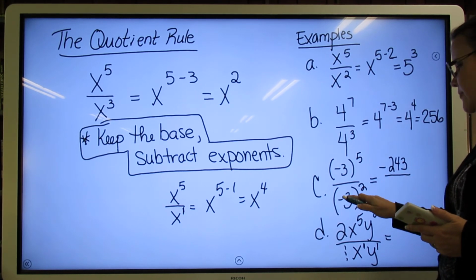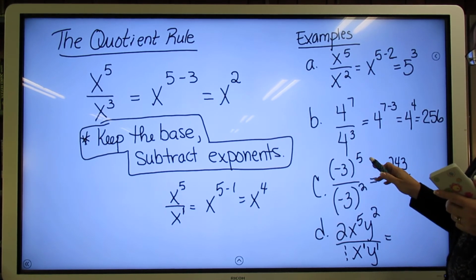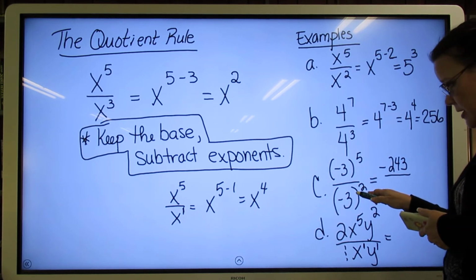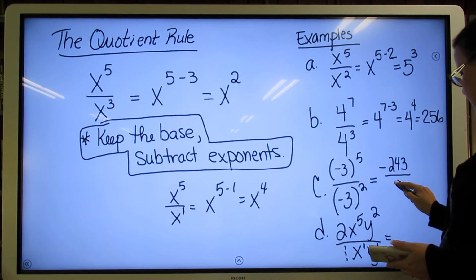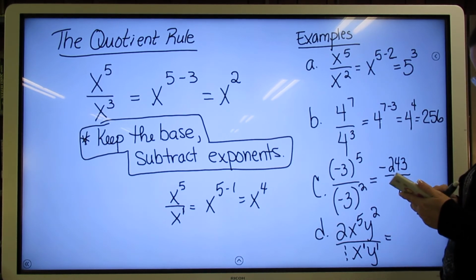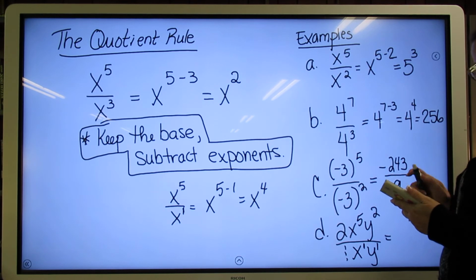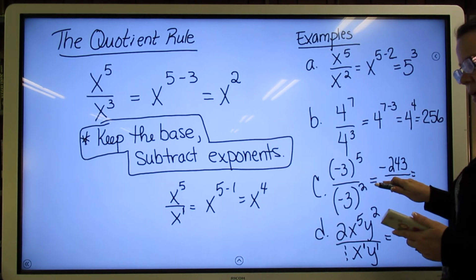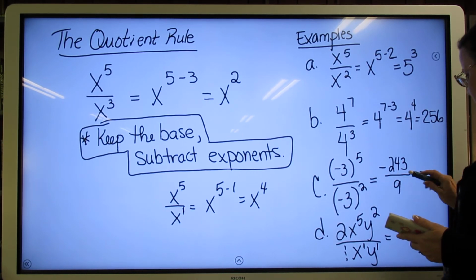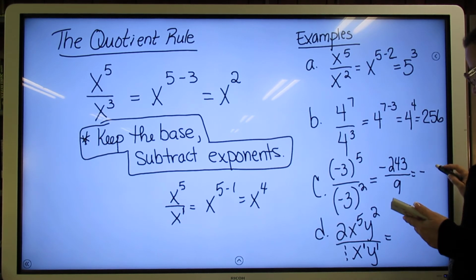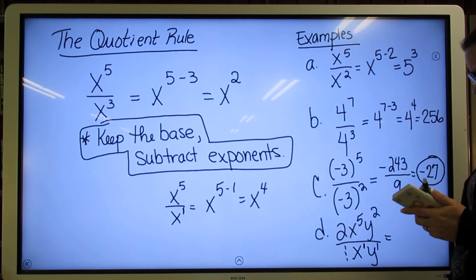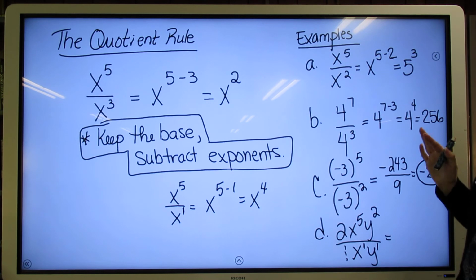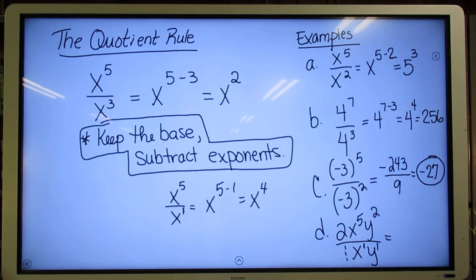And then negative 3 squared, so if you have an even number exponent, then that answer will be a positive, and 3 squared is 9. And if I did divide by 9, negative divided by a positive is a negative, and 243 divided by 9 is going to be negative 27. And you could do that on your calculator too. So that went in evenly, so that was yay us, right?